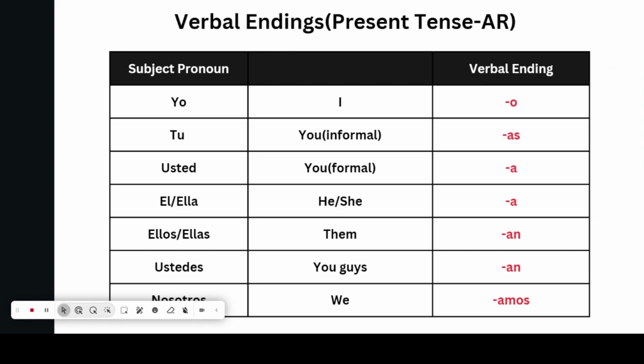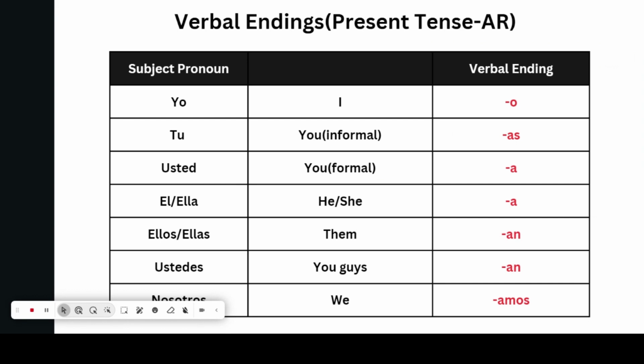As you can see, some of them are duplicated. Don't worry about memorizing these at this moment. Just understand that there's a specific verbal ending that goes with each subject pronoun. So, as you can see, yo has the verbal ending of o, and so forth. That is how you are going to choose the appropriate verbal ending.